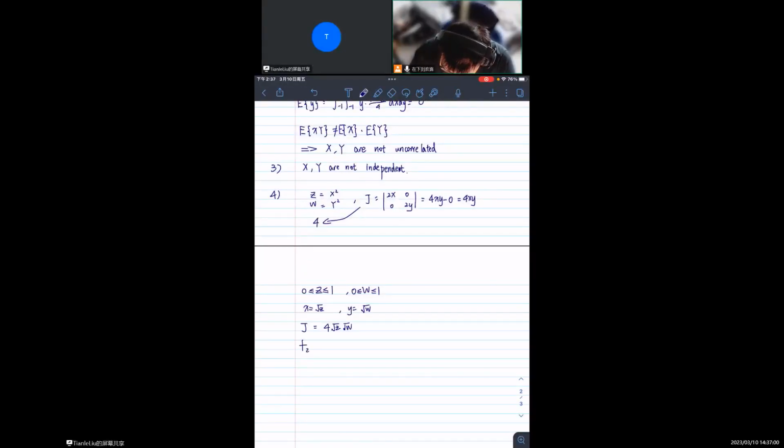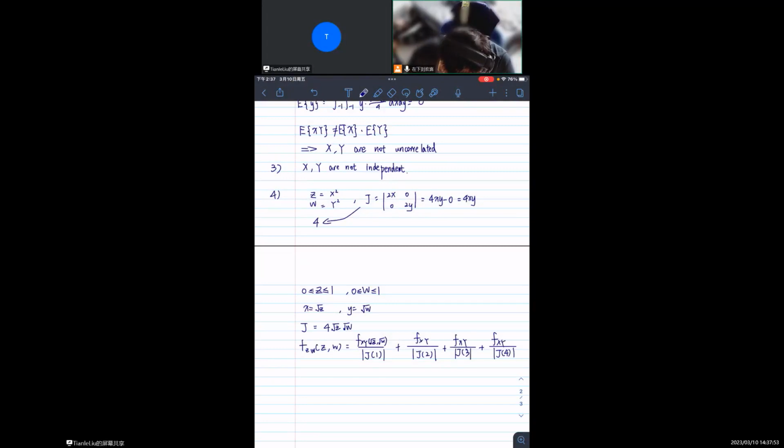So for f_ZW, based on the clues, we'll have J1 times f_XY of square root of Z, square root of W, plus J2 times f_XY, plus J3 times f_XY, and J4 times f_XY.